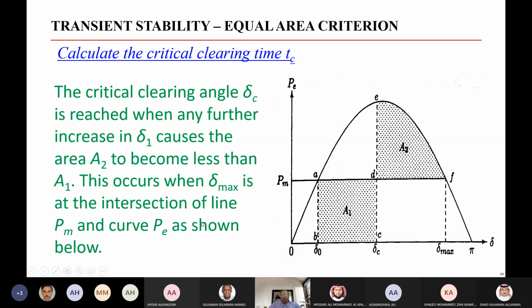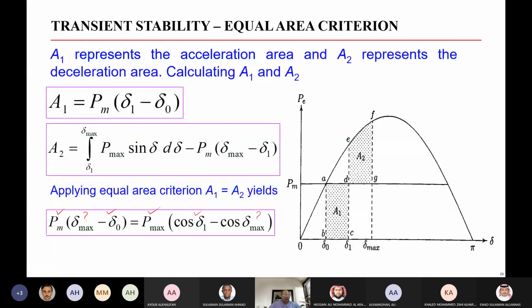Now if we need the critical clearing time, what do you think? What is the maximum value of delta max here? Where is the maximum value of delta max?